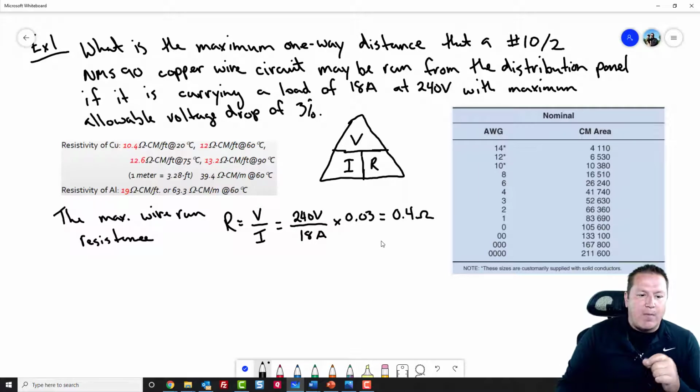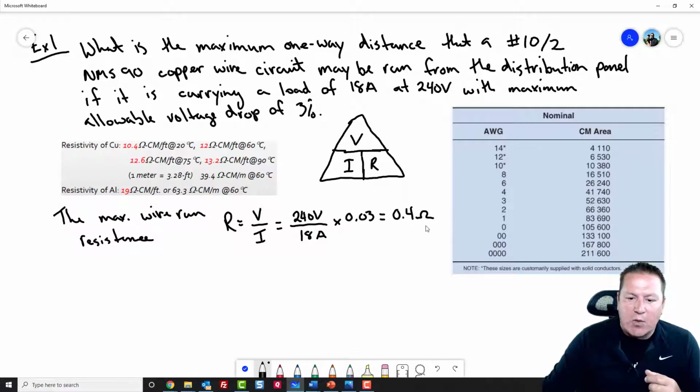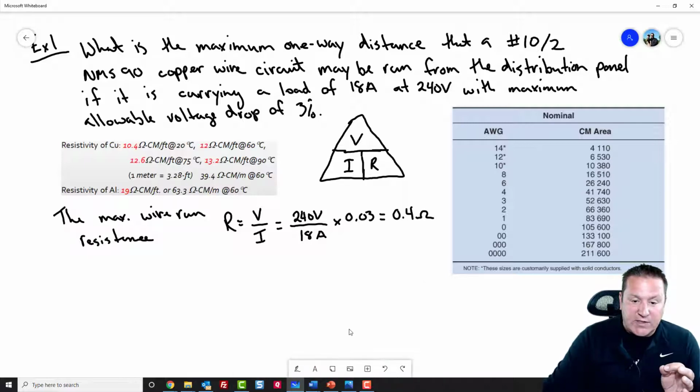Okay, so our maximum wire run resistance is 0.4 ohms. That's how we're going to stay inside of that 3% voltage drop, right? Because the conductors are going to contribute to voltage drop, right?